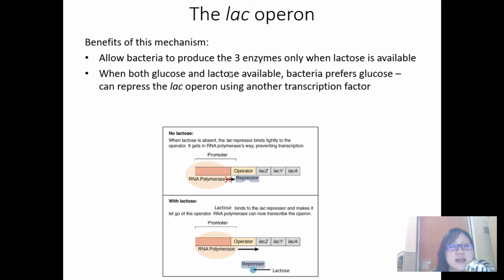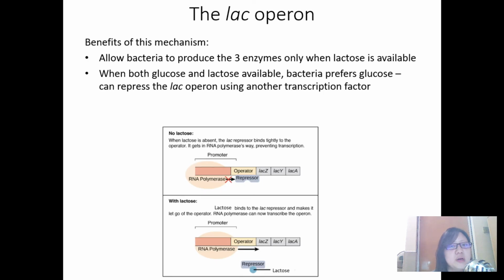Now, other than that, you actually learned the simplified version of this mechanism. There's a more complicated version, where another transcription factor is involved: when both glucose and lactose are available, bacteria would prefer glucose because glucose is the monosaccharide and lactose is the disaccharide.